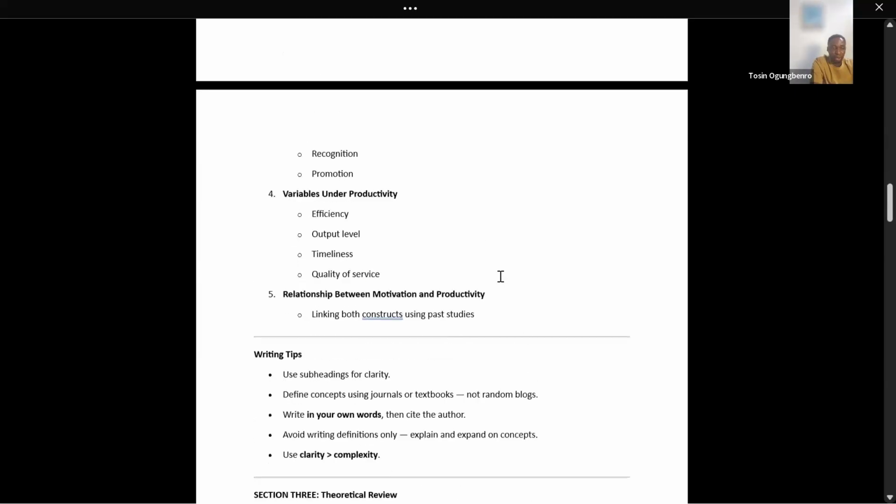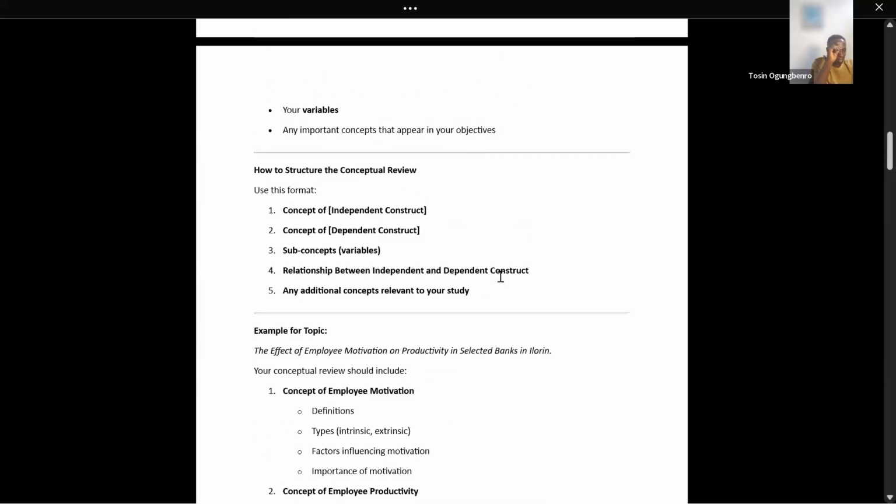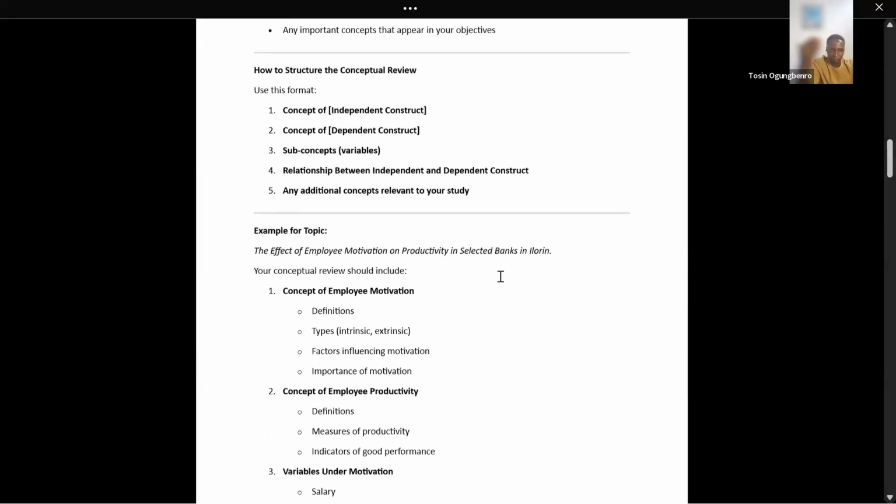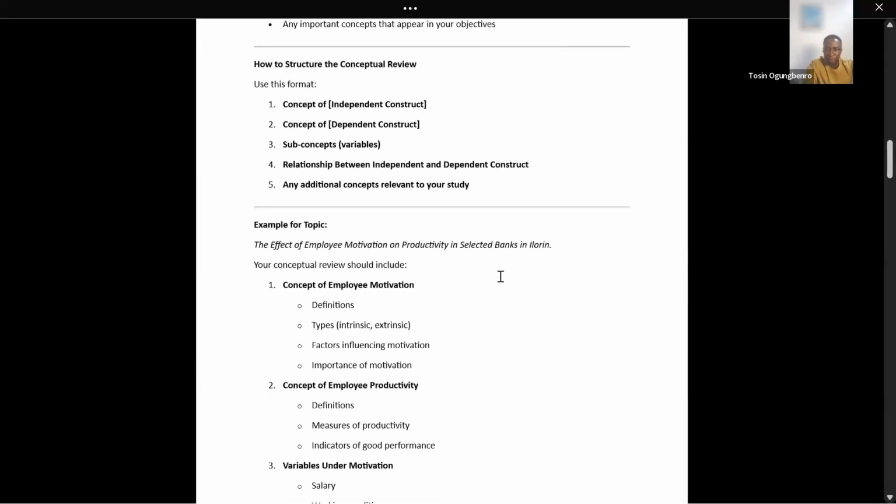What I used to tell people is, when you are developing your concepts, they must reflect all your objectives. Each concept must reflect your objectives. The reason is that when you are doing your analysis, you are going to corroborate your findings with existing literature. And where are you going to get the existing literature from? You are not getting new literature per se.